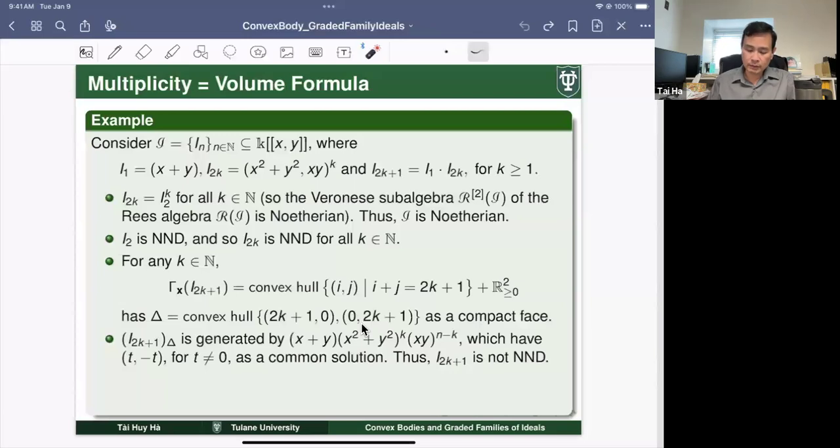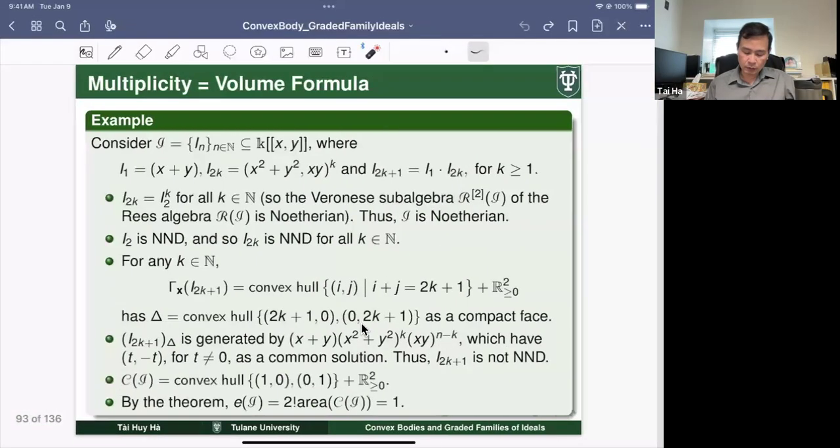However, for this family, because the subfamily of even elements are NND, the multiplicity equal to volume formula should hold. And in fact, one can see that the limiting body is just everything above the line x plus y equal to 1.